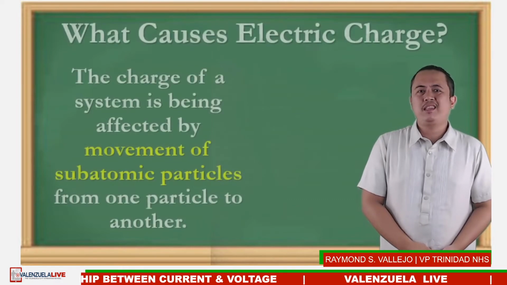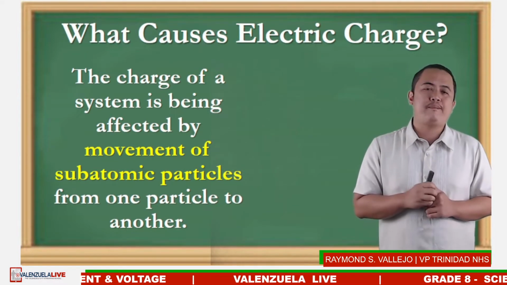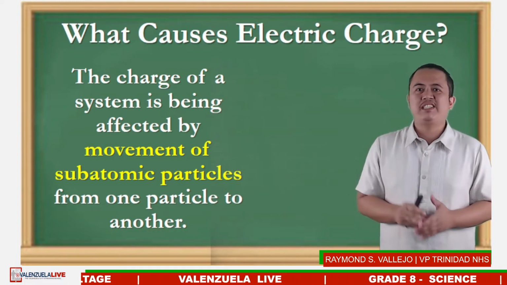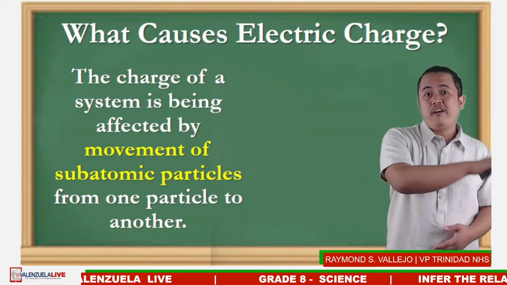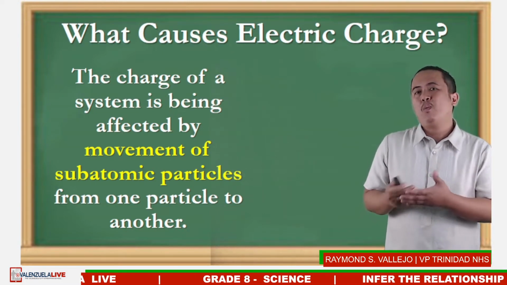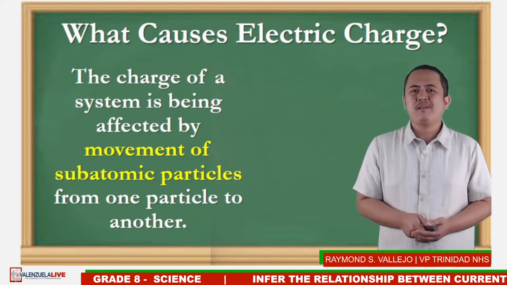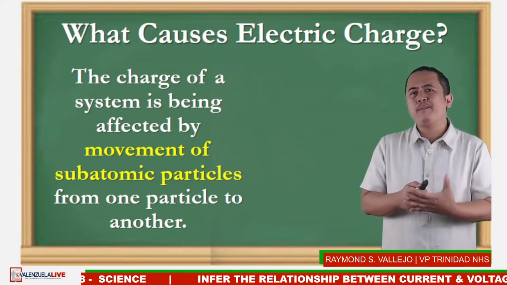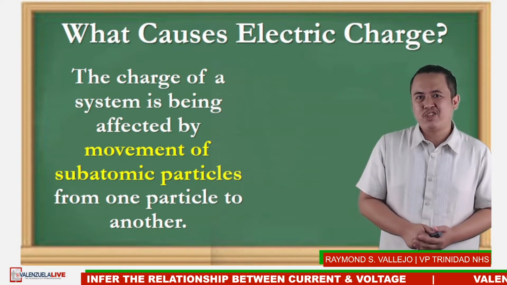Before we proceed in learning the basics of electricity, it is important to remember that the charge of a system is affected by the movement of subatomic particles, whether they are protons or electrons. These make subatomic particles an essential component of electricity.